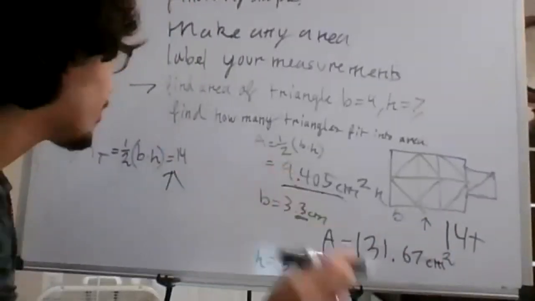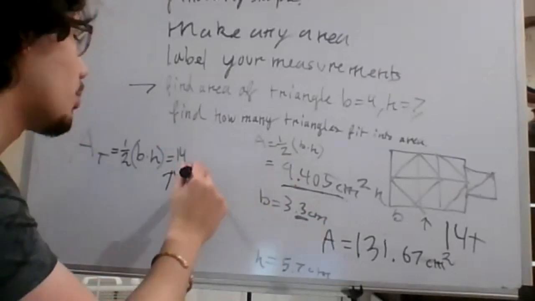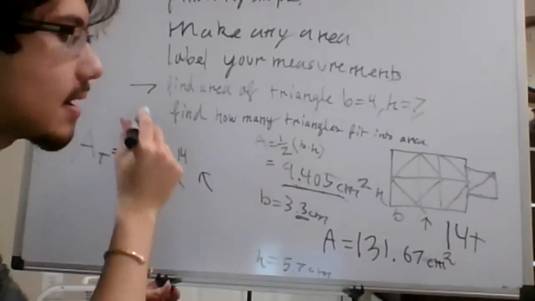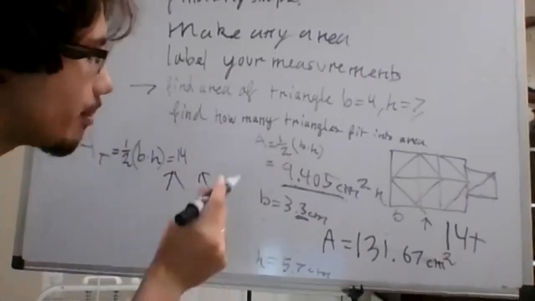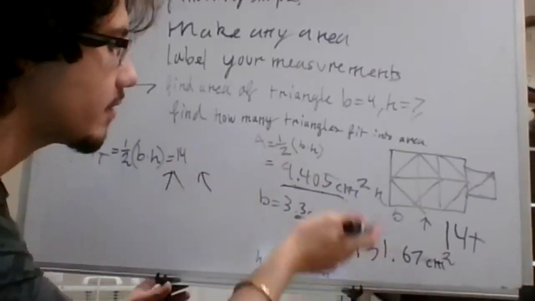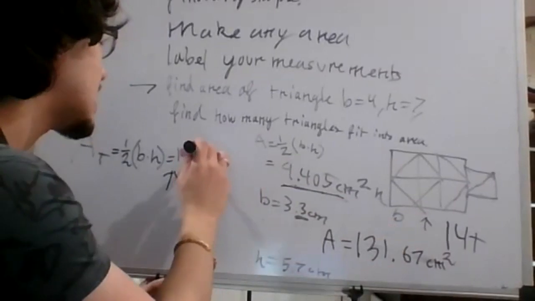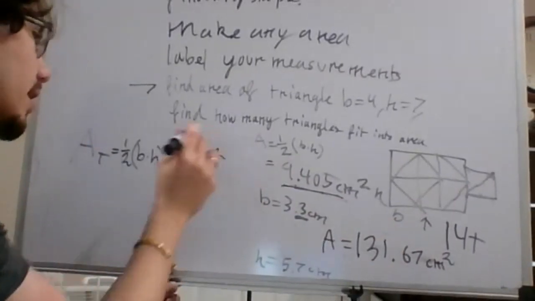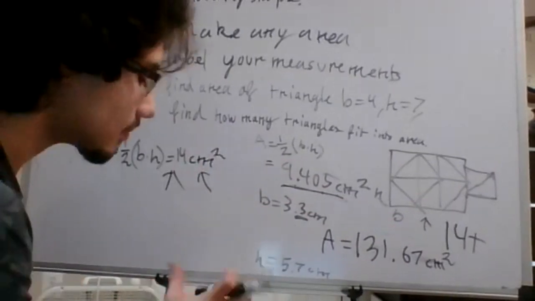Now, I'd like to start out by saying that in the original homework, we did not say that the original triangle had units. But because we have units here, we can just say that it is 14 centimeters squared for the units.